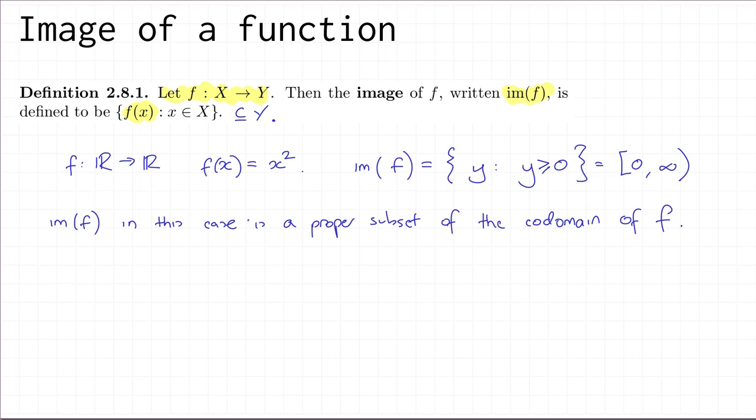So in general, the image of a function is a subset of the codomain, but it need not be all of the codomain. And again, this is an important point to get right. It's another common source of confusion, so we deserve the danger symbol for this one. The danger symbol is to remind you that the codomain of a function and the image of a function are not the same in general.